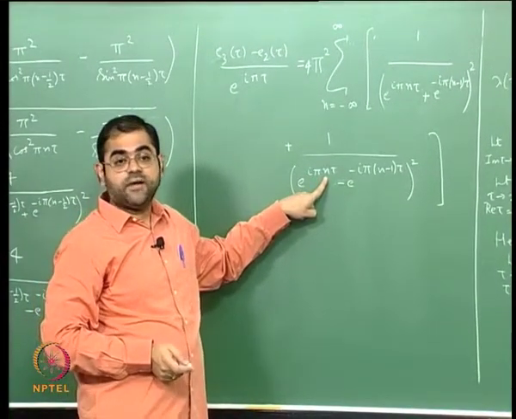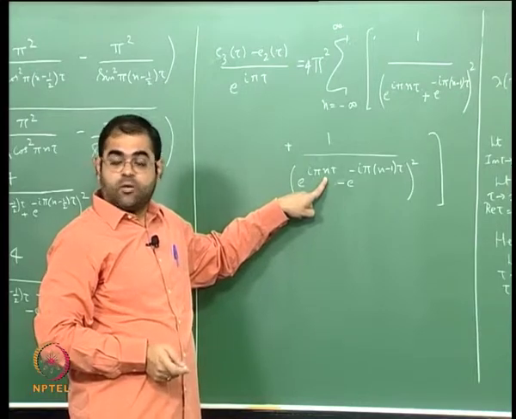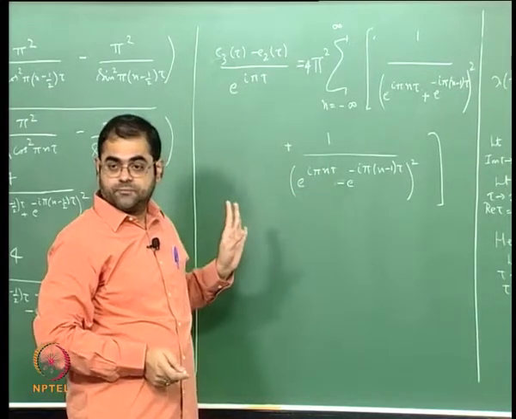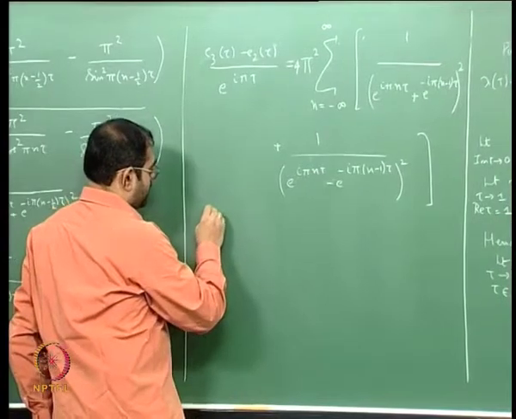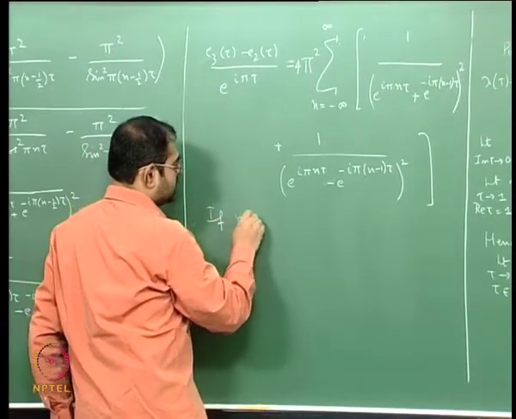If I take a value of n different from 0 and 1, then all those terms are going to go to 0, okay.